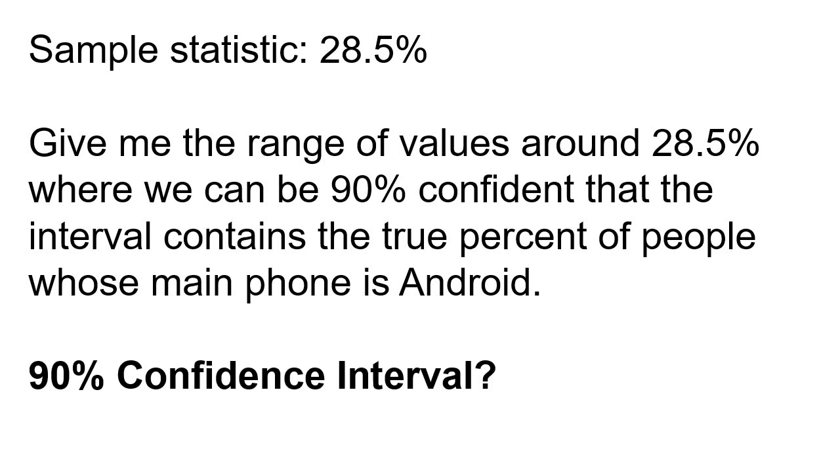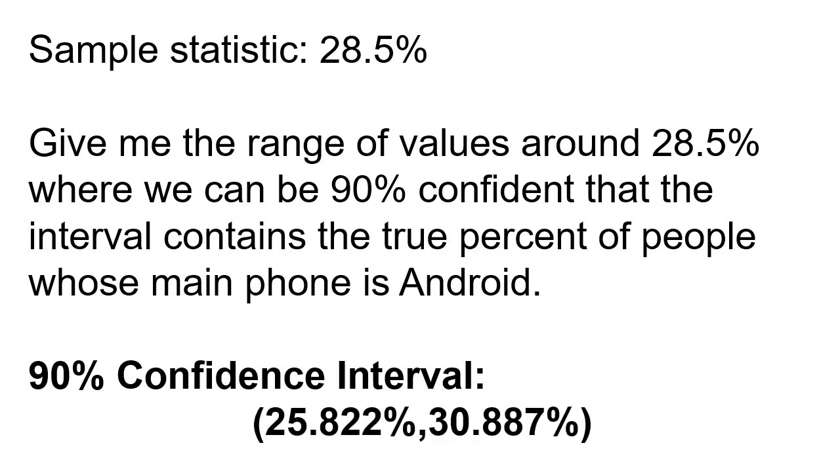Give me a 90% confidence interval. So what I would do is I already did it. It's like a cooking show where it's already done for you. So this is actually and literally the 90% confidence interval based on that study.